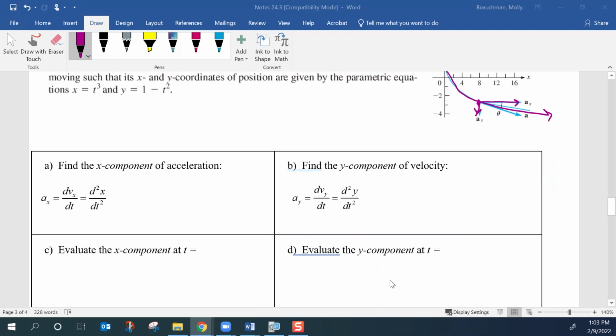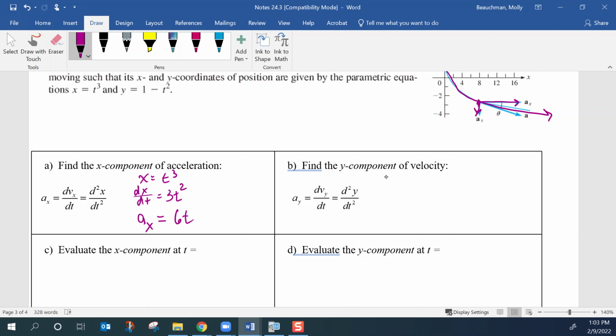Find the second derivative. So now this time, if x is equal to t cubed, the first derivative, dx dt, would be 3t squared. The second derivative is going to end up being our acceleration. 2 times 3 is 6t.